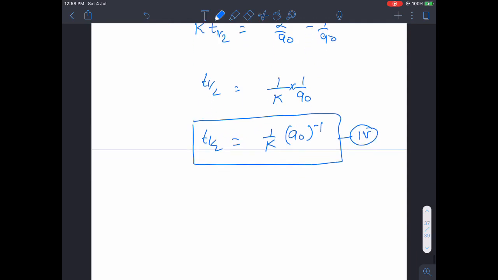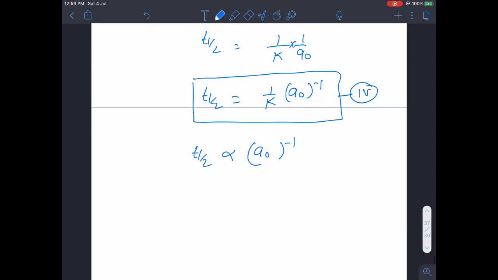Now can you see that in this case half-life is proportional to what? A0 to the power minus 1. You remember in the 0 order, this is second order. You remember for 0 order, this half-life was directly proportional to A0.